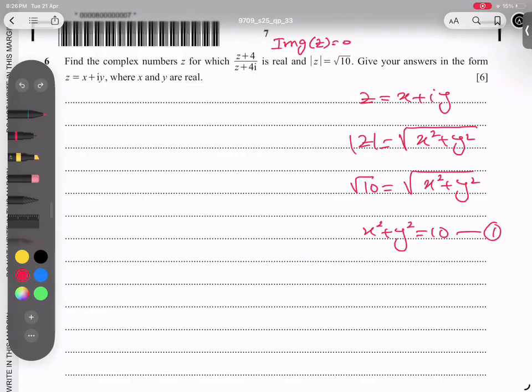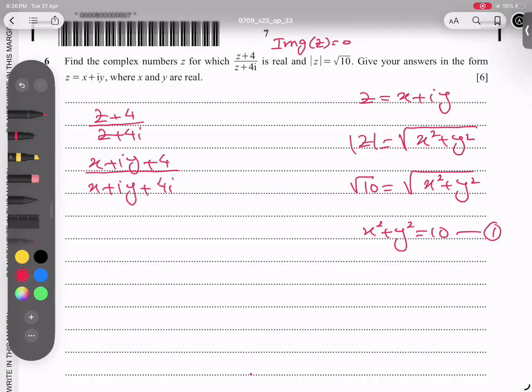So let's try to do it: z plus 4 over z plus 4 iota. First of all, I'm going to replace the z value. So I'm writing x plus iota y plus 4 over x plus iota y plus 4 iota.